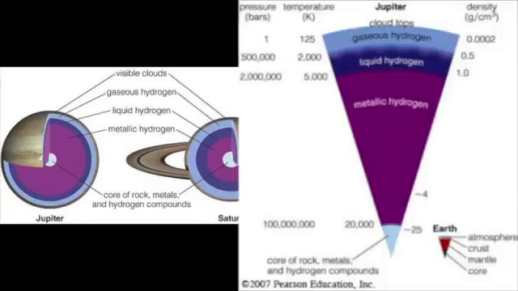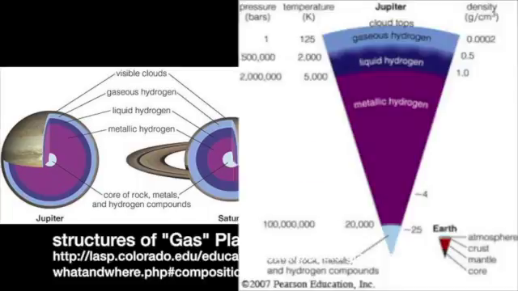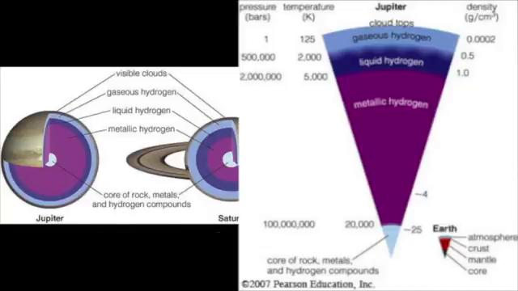Look at this diagram, we can see that Jupiter is divided into layers. The outermost is gaseous hydrogen. When we dive further down into the atmosphere, the pressure becomes higher, thus compressing the hydrogen to become liquid.